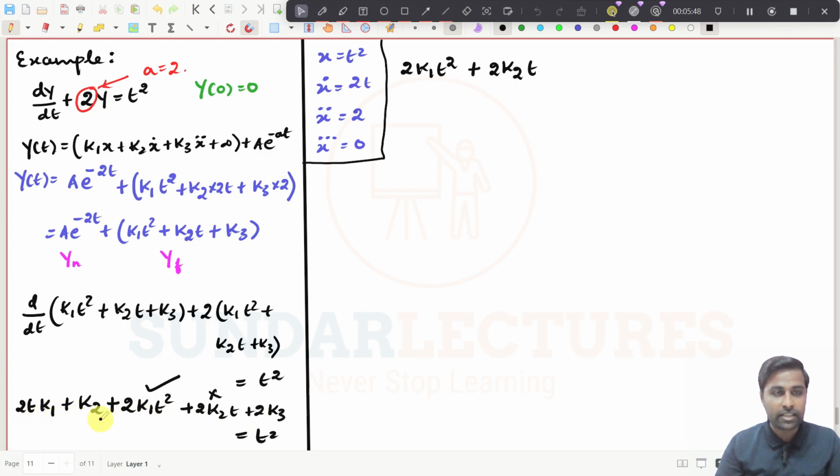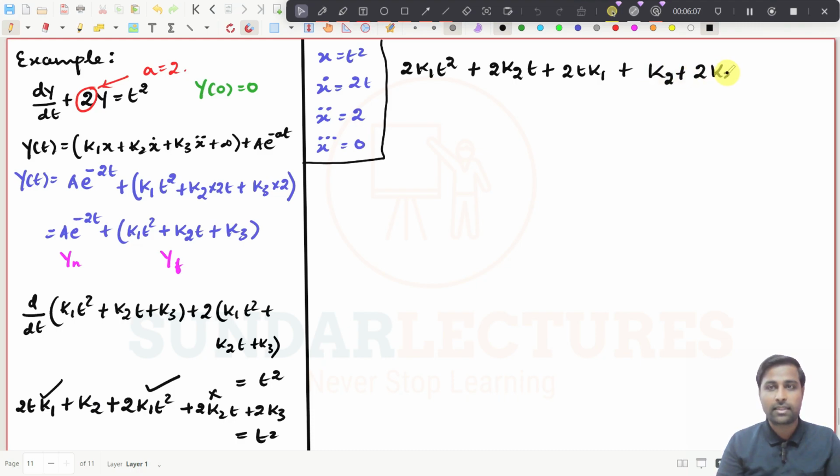Then everything is a constant, right? This is a t term, right? So this will be now plus 2t k1, right? Then this value will be k2 plus 2 into k3, and that should be equal to t square.